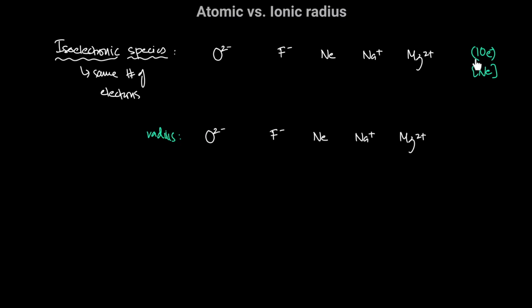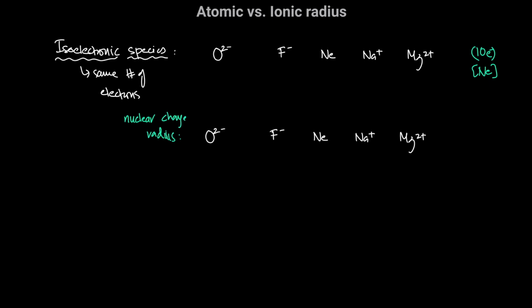They all have the same configuration, so shielding and repulsion between electrons are all the same. The only factor that's affecting the radius is the nuclear charge, that is the number of protons in the nucleus.